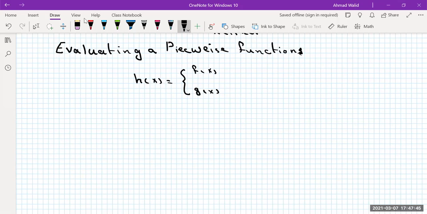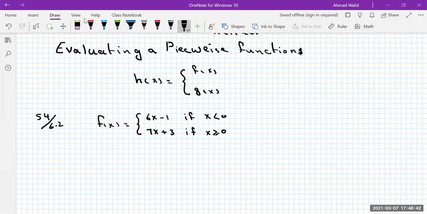Oh, for example, problem 54. Correct? Problem 54, 6.2. f of x equals 6x minus 1 if x is less than 0, and 7x plus 3 if x is greater than or equal to 0.